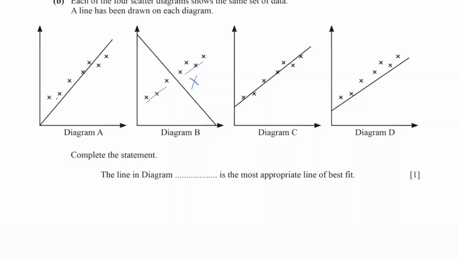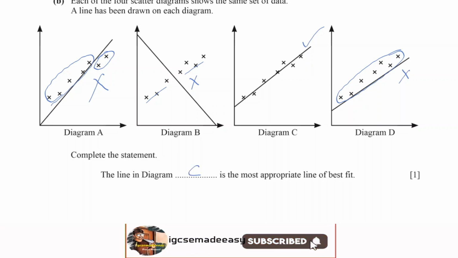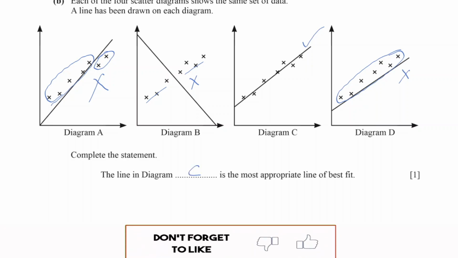If I check this one, the line of best fit has more points over the top and very few over the bottom, so this cannot be the right answer. In diagram D, there are more points over the top and no points over the bottom, so this is also wrong. So this will be the correct diagram to conclude: the line in diagram C is the most appropriate line of best fit.